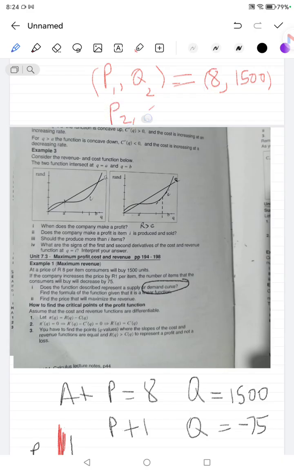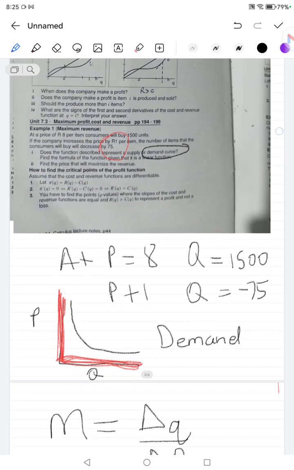Then your P2, Q2: the statement says the price will increase by 1 rand. If it increased by 1 rand, it means now we have 9, and the quantity will decrease by 75, so 1,500 minus 75 leaves you with 1,475. So now you have 2 points to work with.